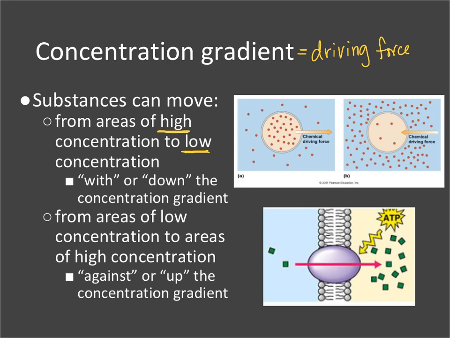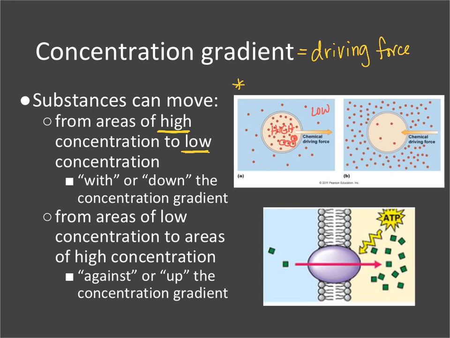That's what we're seeing in this picture here, where there is a high concentration of molecules inside, and there's a low concentration outside. The driving force here is that these little molecules, whatever they are, have their own little vibrations, and these vibrations make them bounce off of each other. And as they're bouncing off of each other, they're going to try to bounce away from each other.